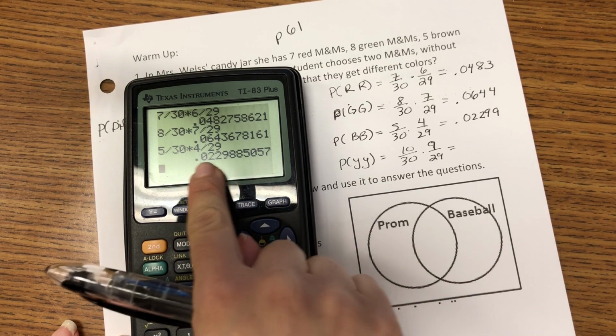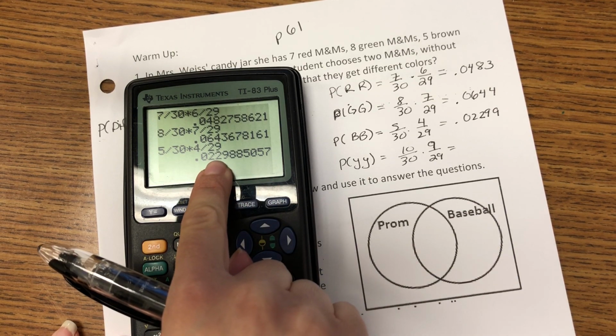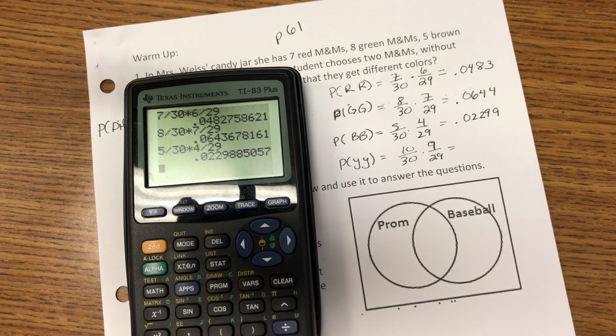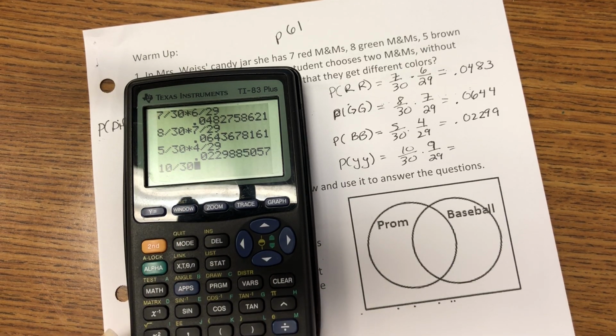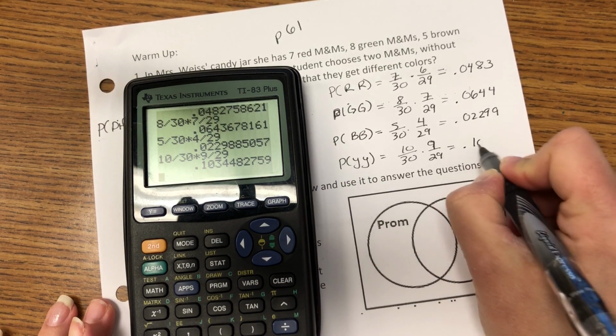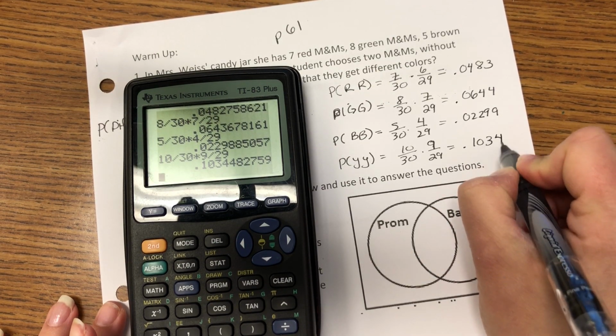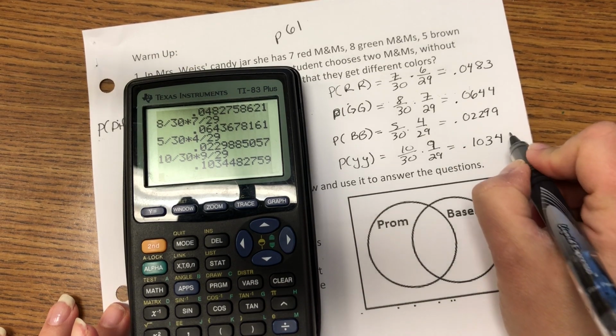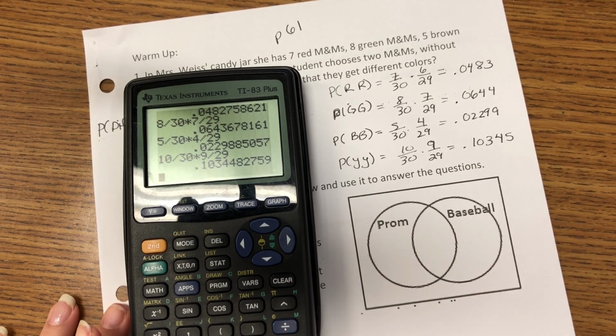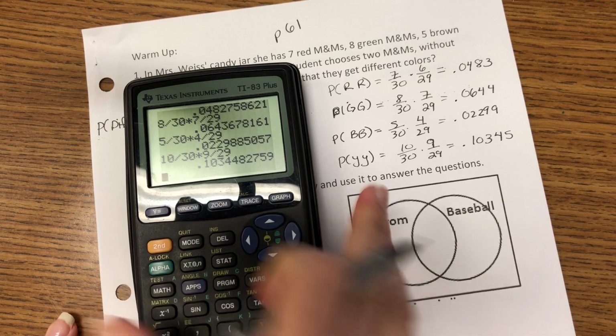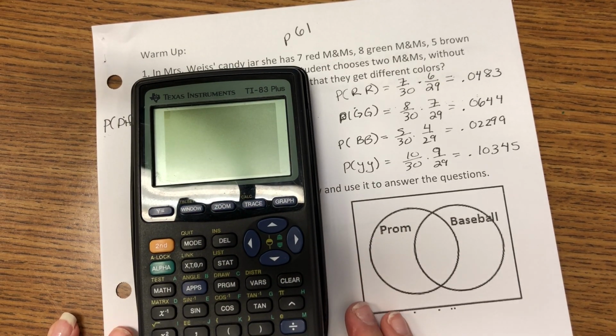So I don't want to round this up to 0.23, only because I'm still in the process. So while I'm doing the work, I want to err on the side of more decimals than not.